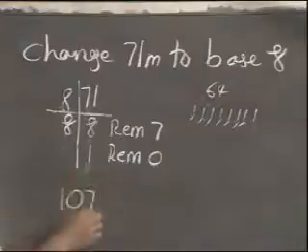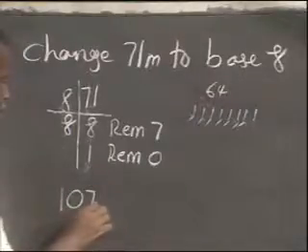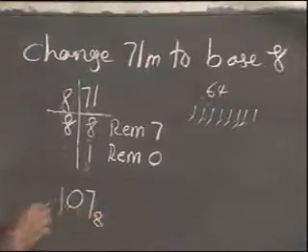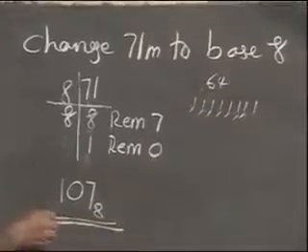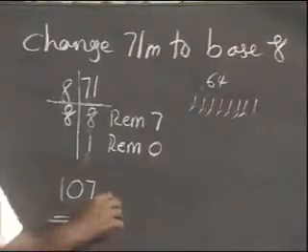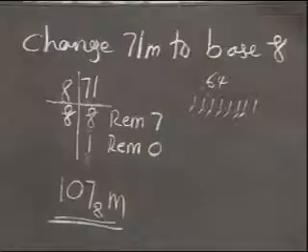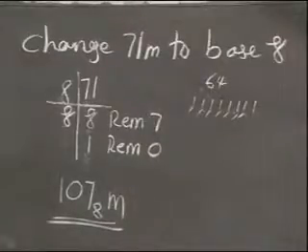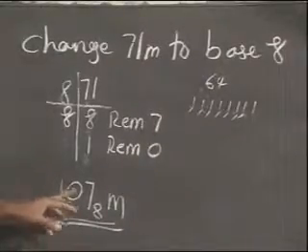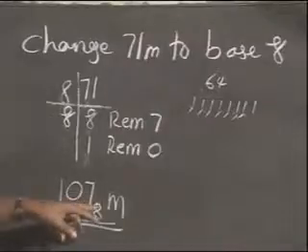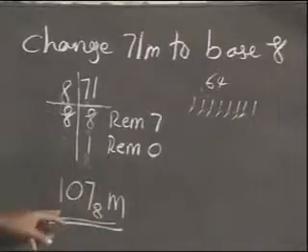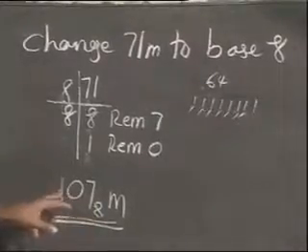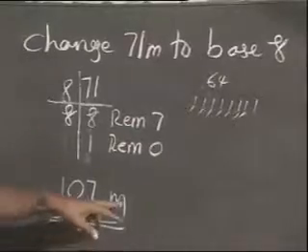And you put the base 8 under it. So that one will now give us meters. You understand that now? So you now have it as 1078 meters, that is 107 base 8 meters.